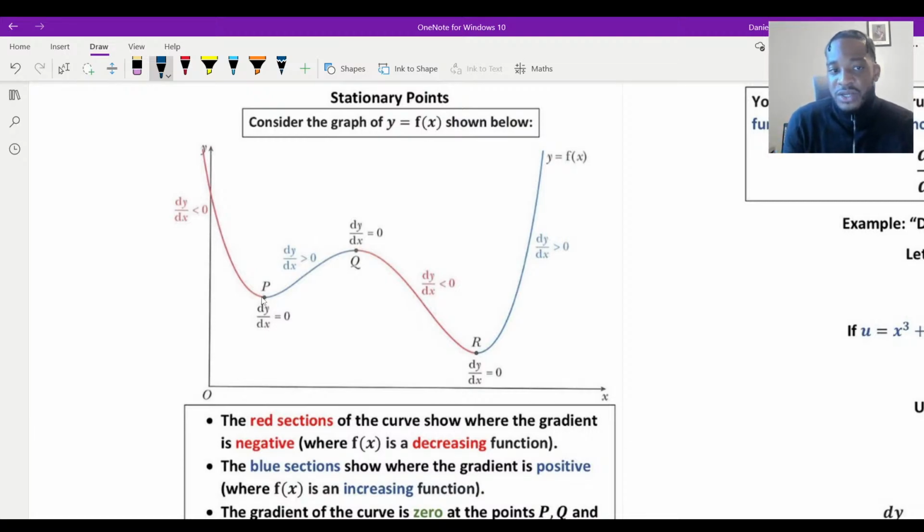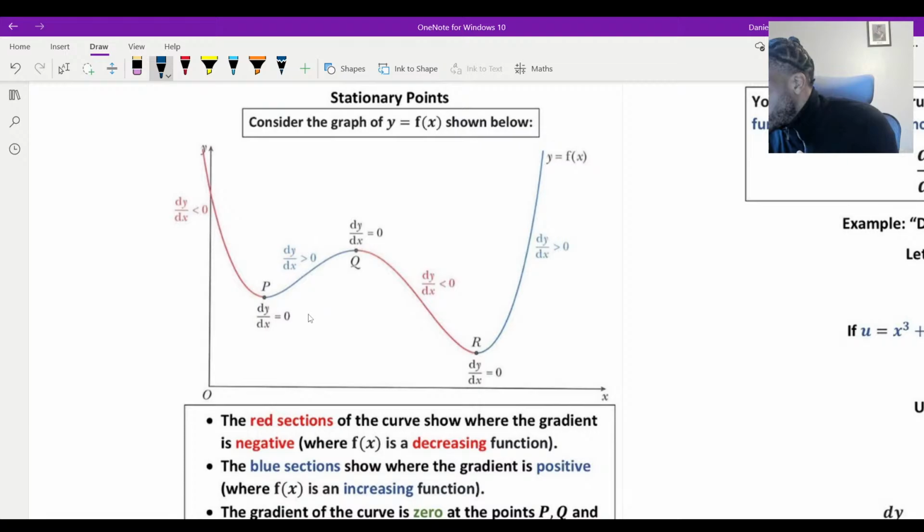If the graph is going downwards, then the tangent line is going down. So if the graph is decreasing, dy/dx is less than 0. If the graph is increasing, dy/dx is greater than 0. So if they say, show that f of x is increasing, you would differentiate and show that your function is greater than 0 algebraically.